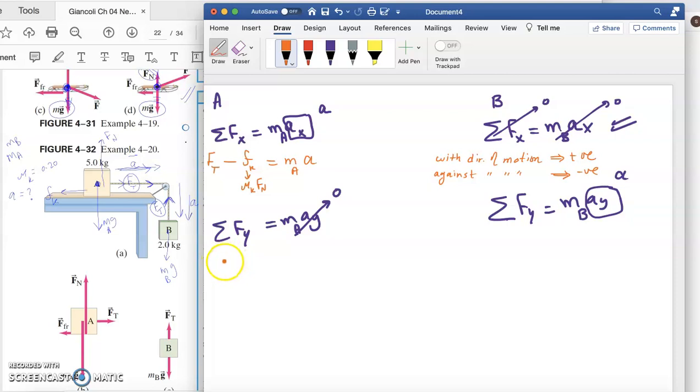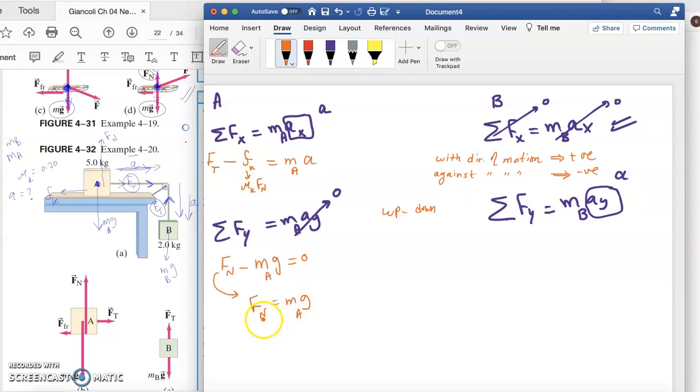In this situation, we go up minus down. So it is Fn minus mag is equal to 0. This is a very nice, lovely equation which will give us the value of Fn.